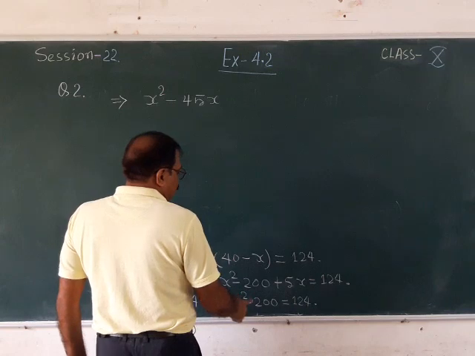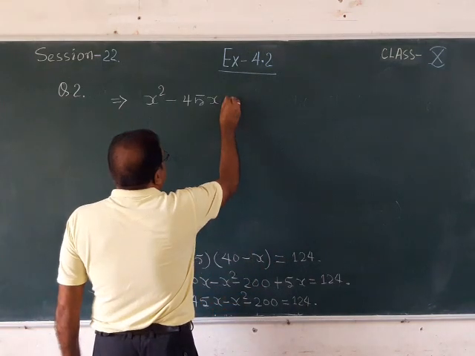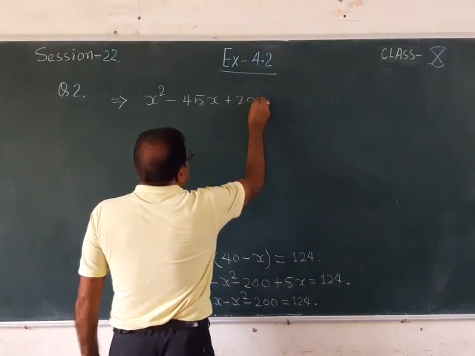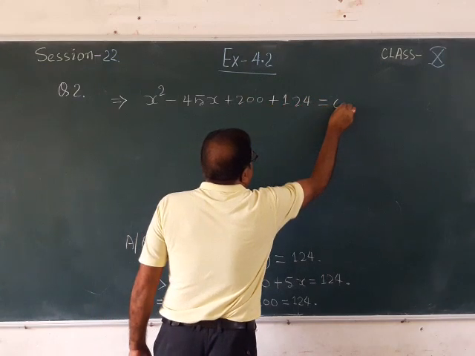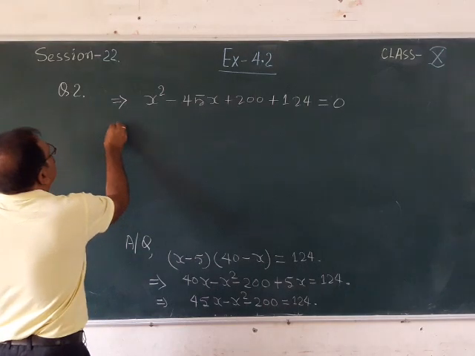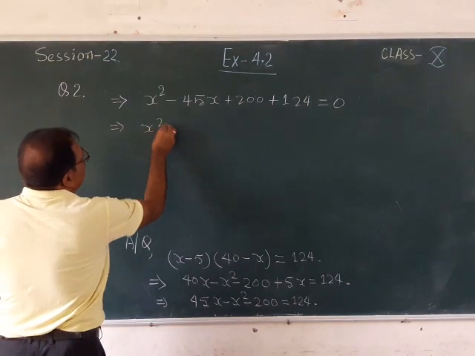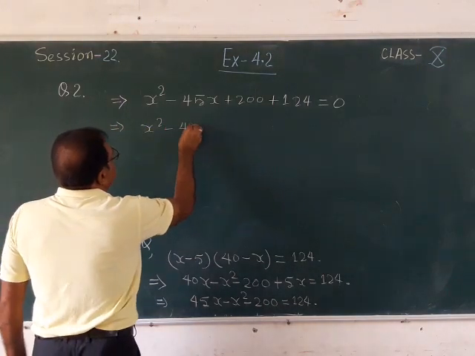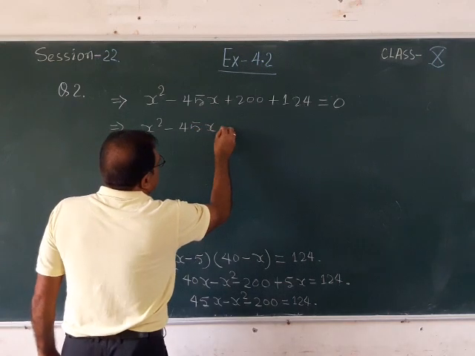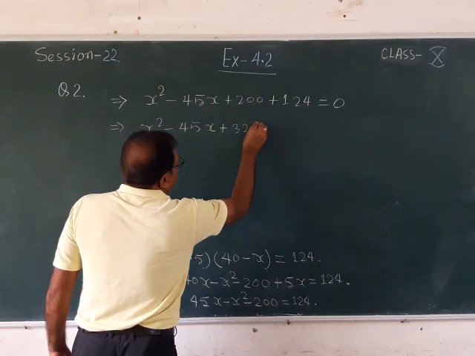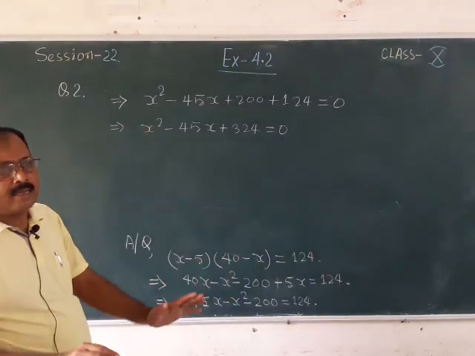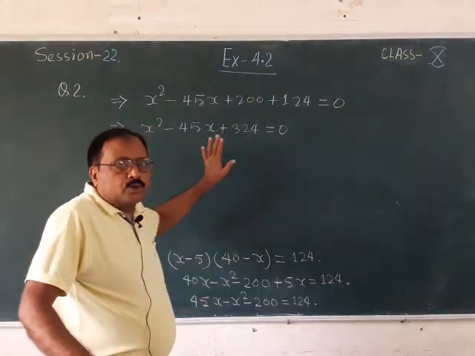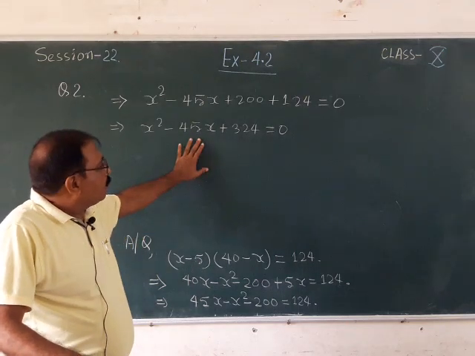Minus 200 going that side also becomes plus 200, and the right side 124 is already there, and the left side will be equal to 0. So further the equation will be x square minus 45x plus 324 is equal to 0. Now you can see that it is a quadratic equation.